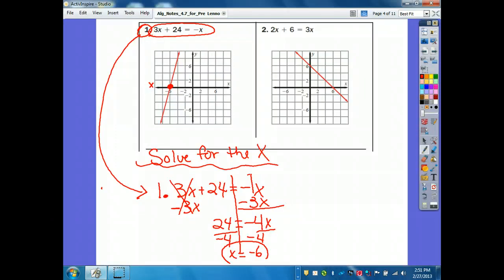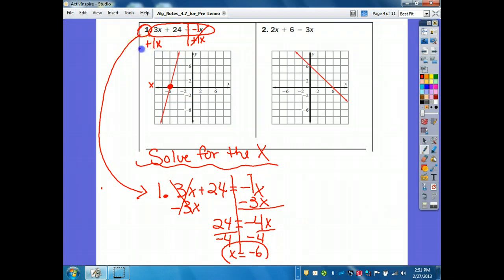When possible, move everything over to the left. Let's rearrange this. This is a minus 1x. If I move everything over here onto the left side, what would I do to this 1x? I would add a 1x, and I would add a 1x to this x, not to the 24. Combine your like terms.